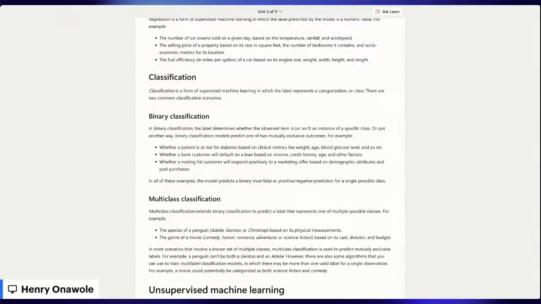Whether a mailing list customer will respond positively to a marketing offer based on demographic attributes and past purchases. In all of these examples, the model predicts a binary true or false, positive or negative prediction for a single possible class. I think that is very, very clear.